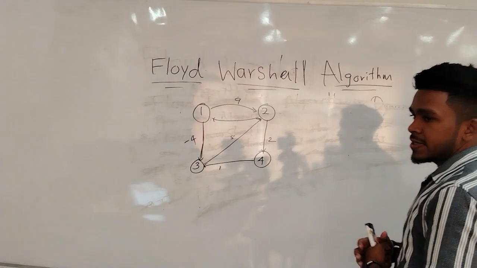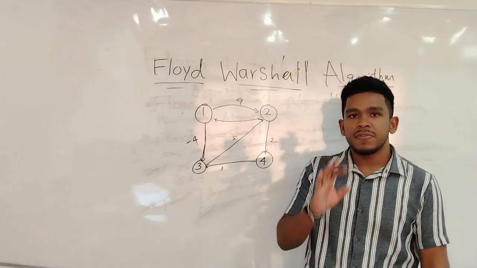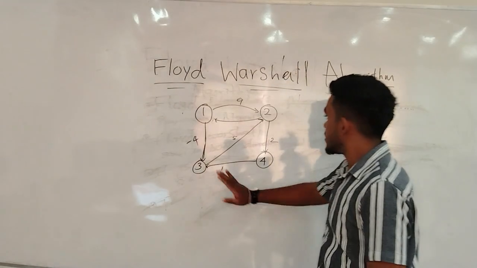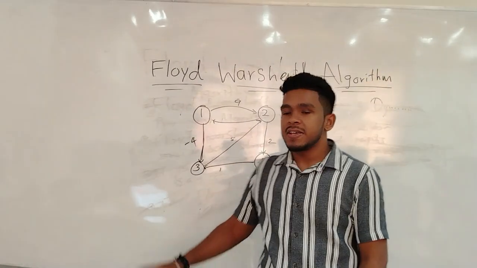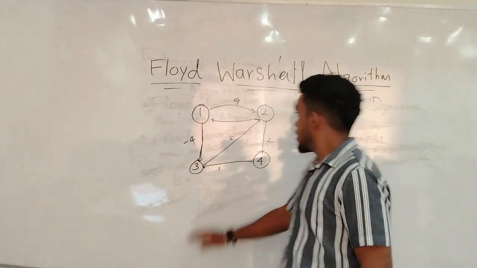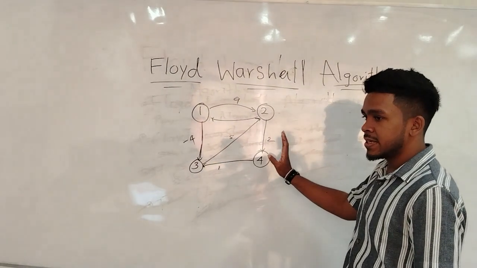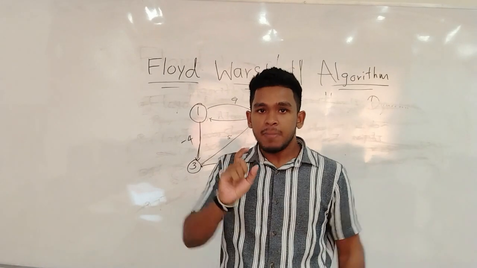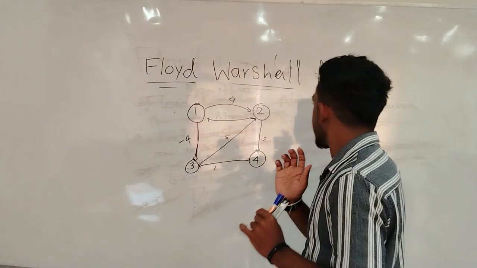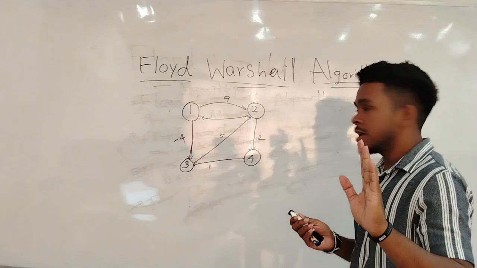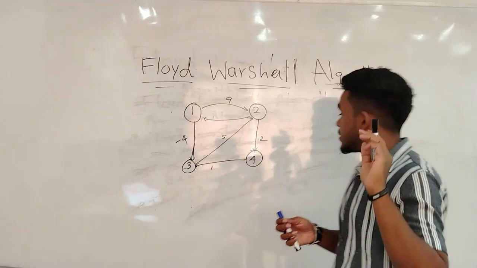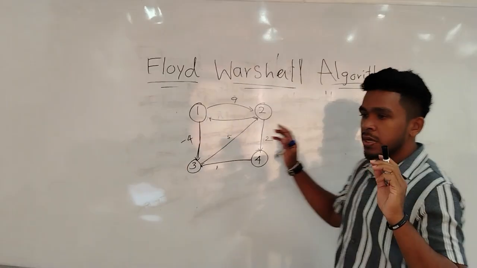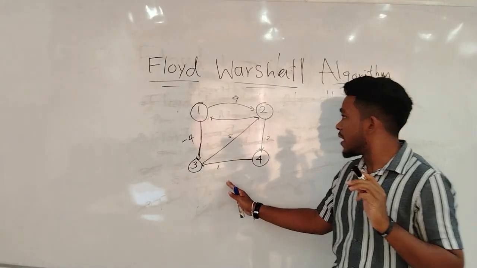So first we must construct a weight matrix for this graph. If there is no path between two vertices, we mark their value as infinity. So this is the way to construct a weighted matrix for this graph.